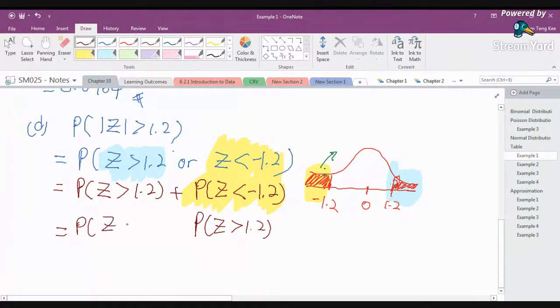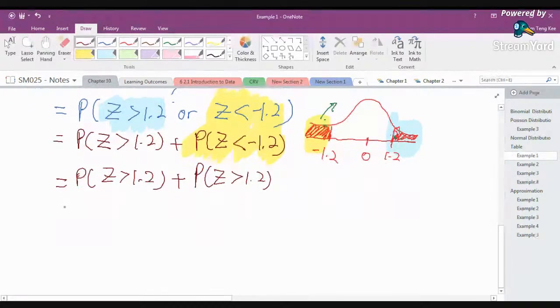So next you have P(Z greater than 1.2) plus P(Z greater than 1.2), which simplifies to 2 times P(Z greater than 1.2).